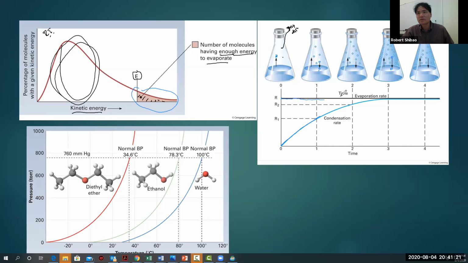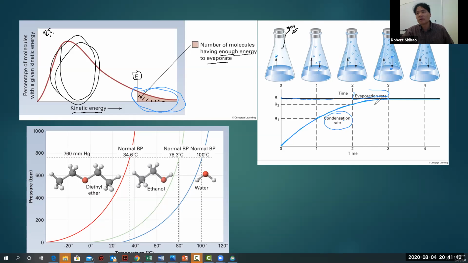Evaporation rate stays constant. It just depends on this. What's increasing is the condensation rate, obviously, because we're getting more and more molecules sticking. But pretty soon we're going to hit this point where the evaporation rate and the condensation rate are the same.